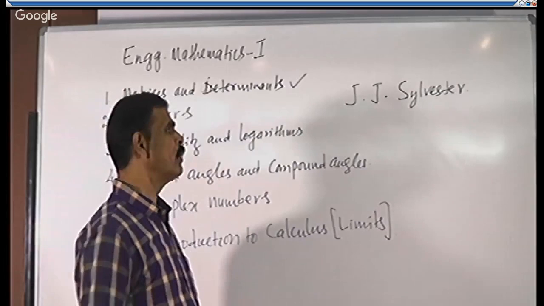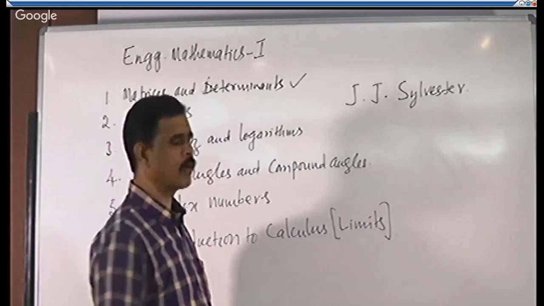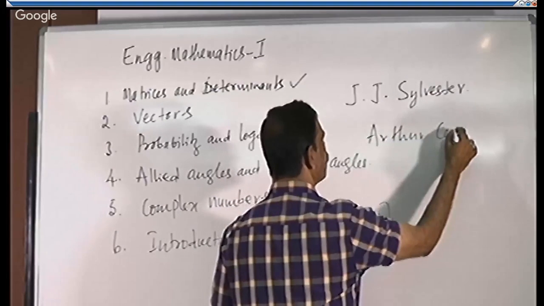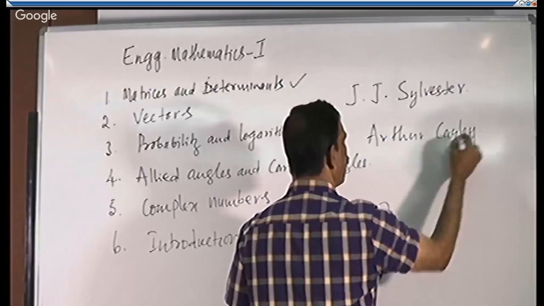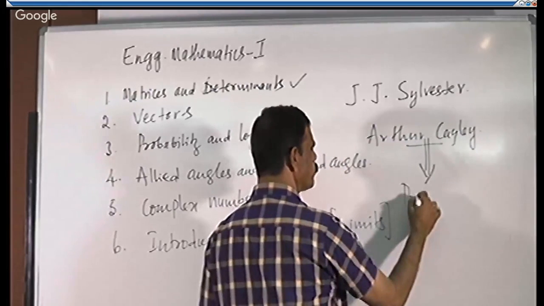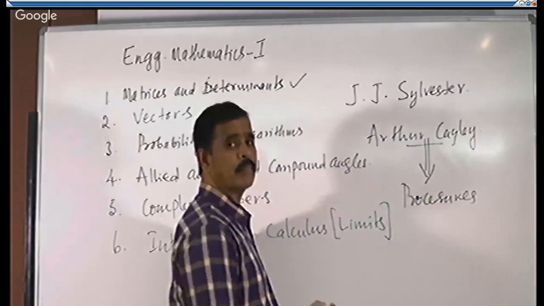After that, later on, the famous mathematician called Arthur Cayley found many procedures in matrix.